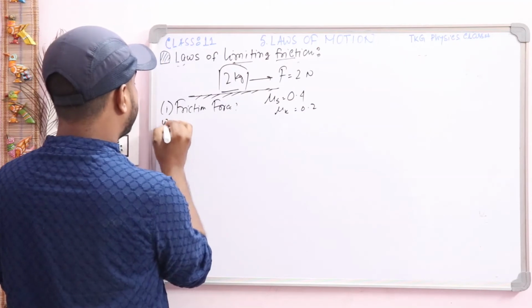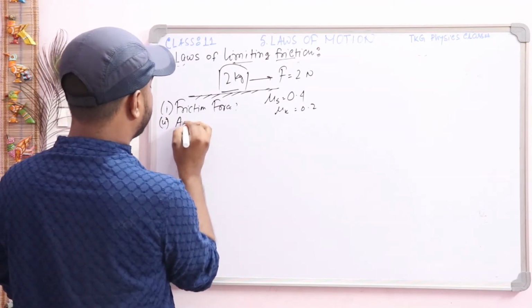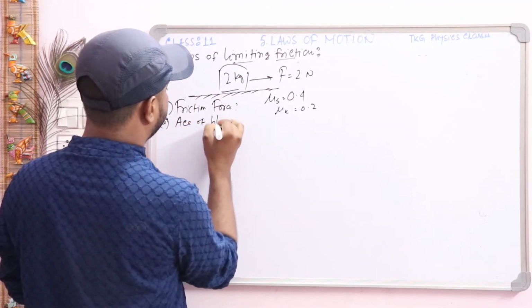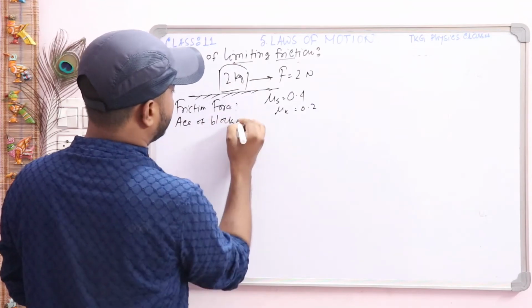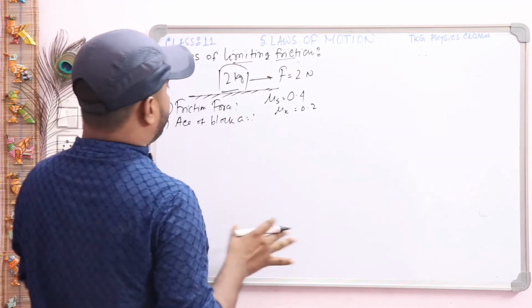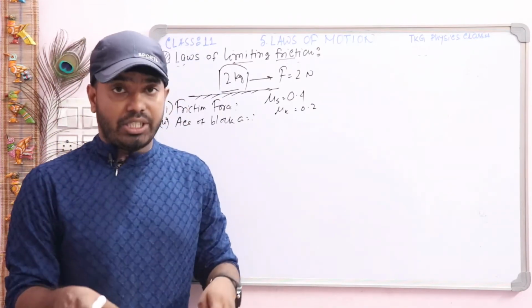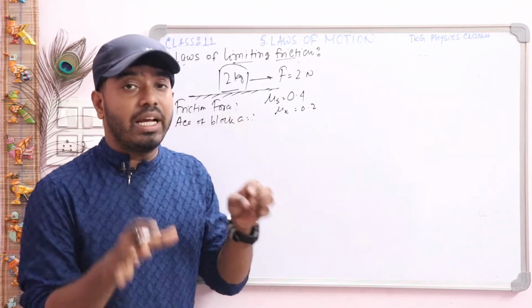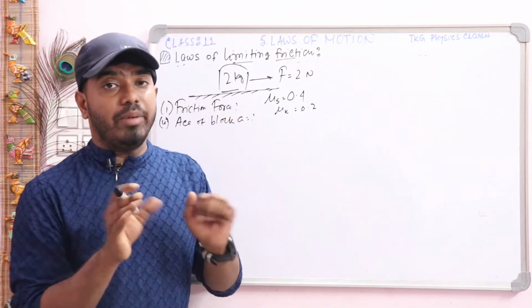Second, you have to find the acceleration of the block, or body. For finding acceleration or frictional force, at first you have to find the limiting friction.